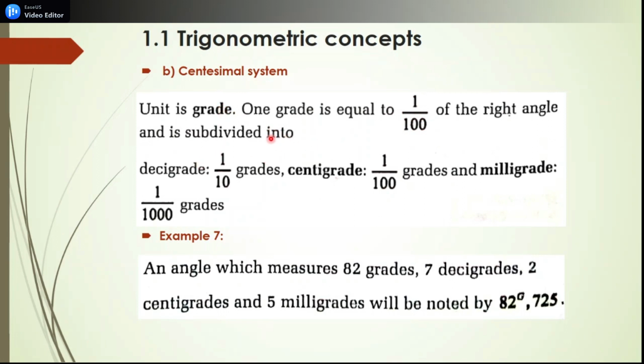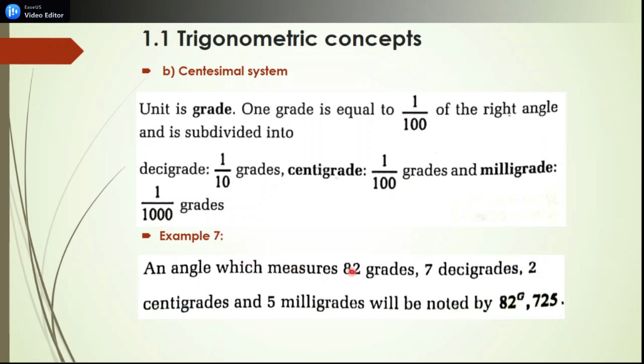So subdivisions of a grade are the decigrade, equal to 1 over 10 grades, the centigrade, equal to 1 over 100 grades, and the milligrade, which corresponds to 1 over 1000 grades. We have an example.